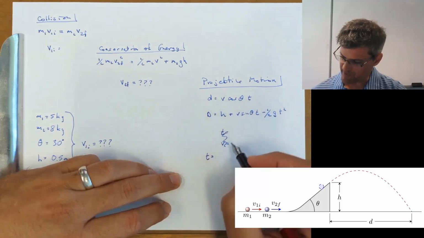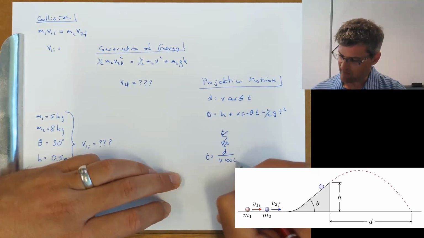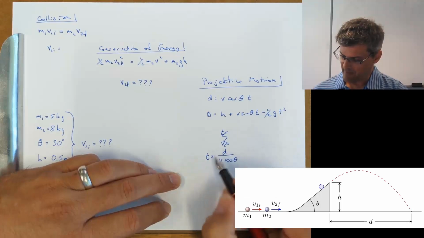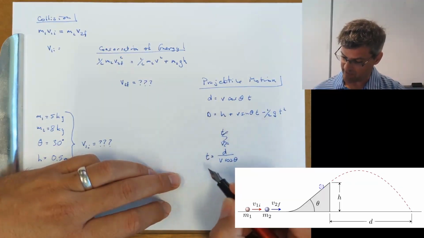From this first equation, T is equal to D over V cosine theta. Now I can take that horizontal equation and put it into the vertical equation.